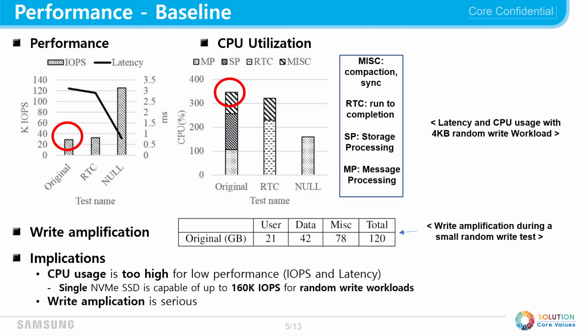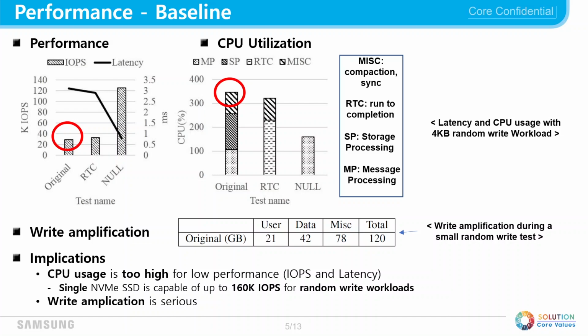There are three results showing IOPS, latency, CPU usage, and write amplification. As explained before, we compare the baseline SAP with two modified versions of SAP, RTC and null.